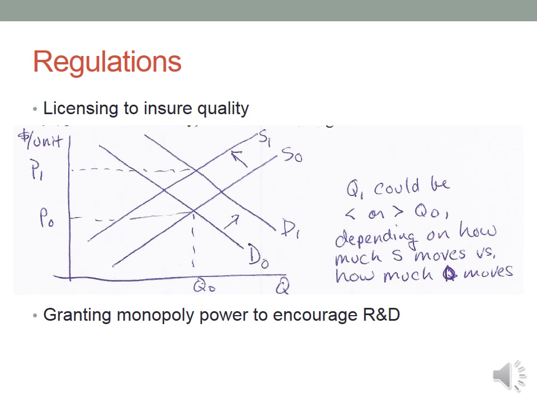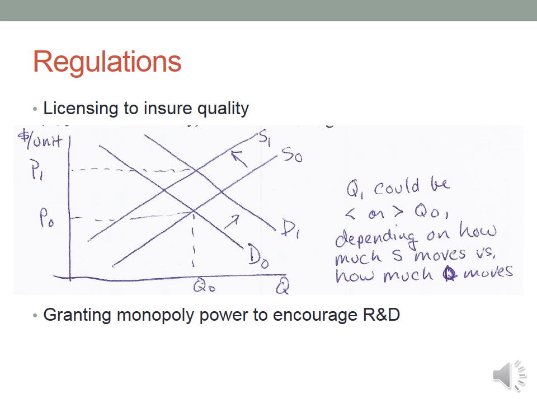So originally we saw the D0 and S0 supply and demand cross at quantity Q0 with price P0. But after licensing, when we see a reduction in supply and an increase in demand, we know our price goes up, and I've marked that at P1 where the new supply and demand intersect.